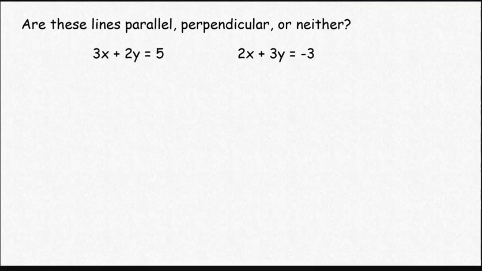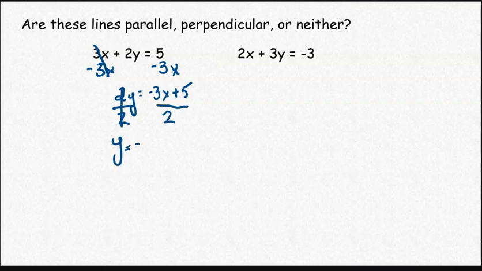So I'm going to subtract 3x from both sides. 3x minus 3x is 0. So I have 2y equals, that should be an x, negative 3x plus 5. Then I'm going to divide by 2, and I'm going to have negative 3 over 2x plus 5 over 2.